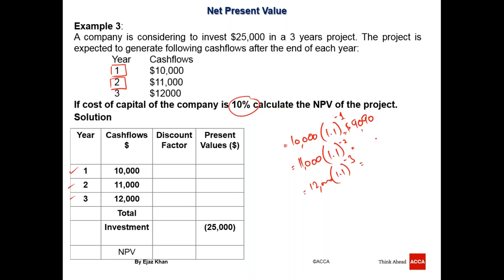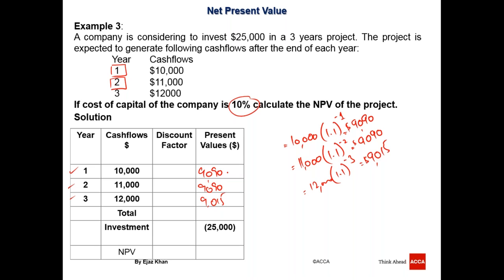May I know for year 2? For year 2, it's approximately the same, 9,090. And for year 3, it's 9,015.